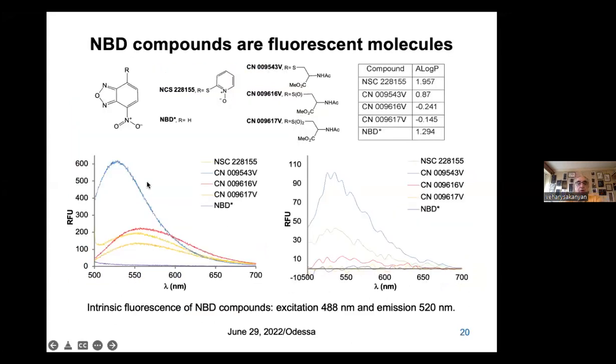What is also important, we found out that all compounds are fluorescent. It was a really key point to understand the mechanism of the action of these molecules. Here, these compounds, as you can see, possess different logP values. The logP value is an important therapeutic parameter which can help in the prediction of the transfer of a molecule through the cytoplasmic membranes.